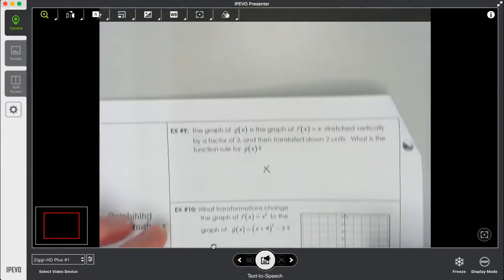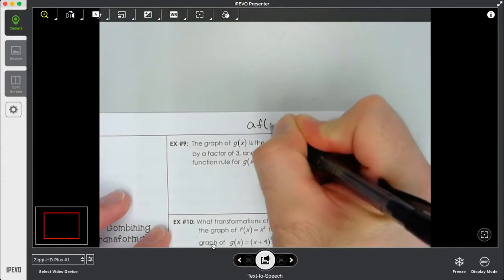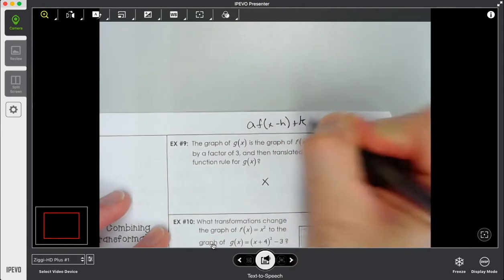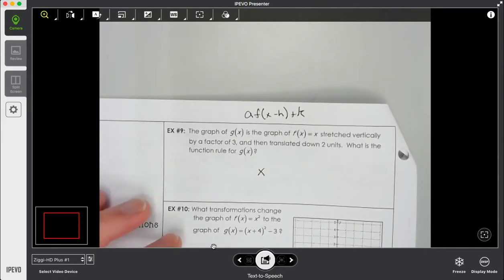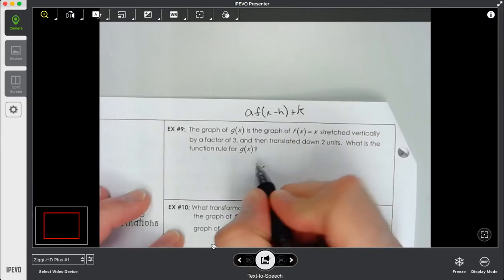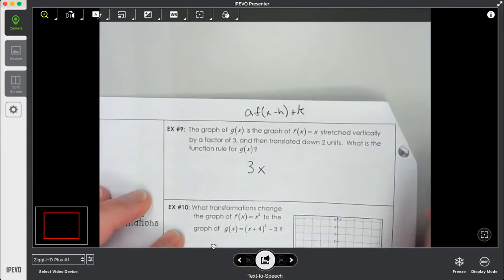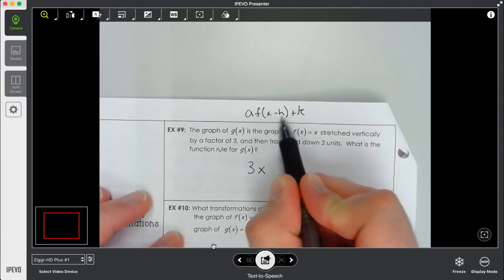If you remember back to the front of the page, we had this general form: a times f of x minus h, plus k. And a is our stretch. It says we're stretching vertically by a factor of 3. So our a value is going to become 3. Now, we'd be looking for a shift right or left if we were going to put x in parentheses.